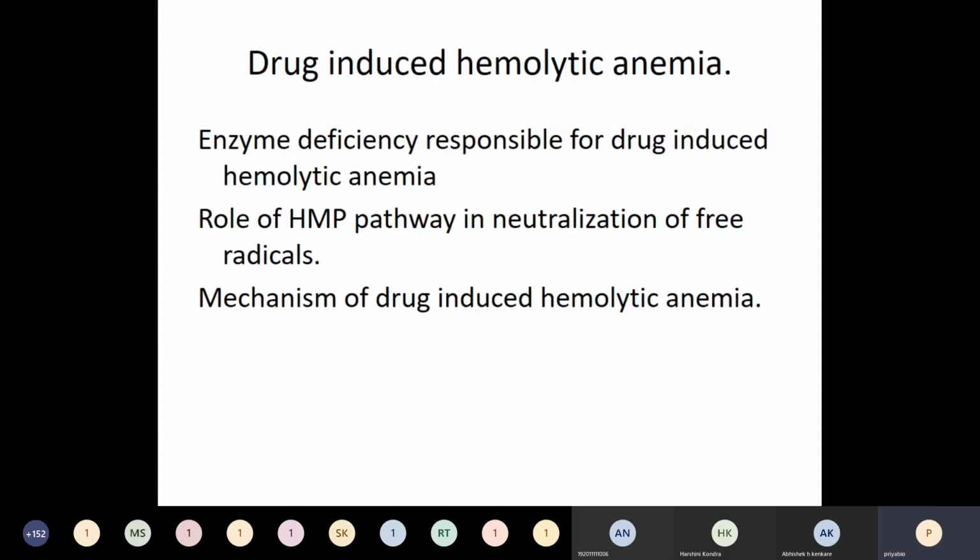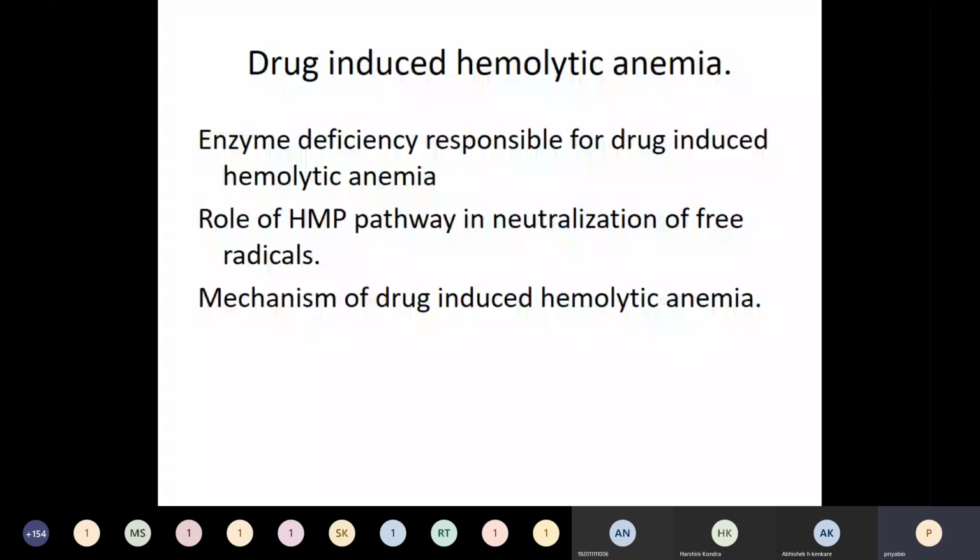So I will tell you what the enzyme deficiency responsible for drug-induced hemolytic anemia is. You all know it is an important enzyme of the HMP pathway, that is glucose 6-phosphate dehydrogenase enzyme.